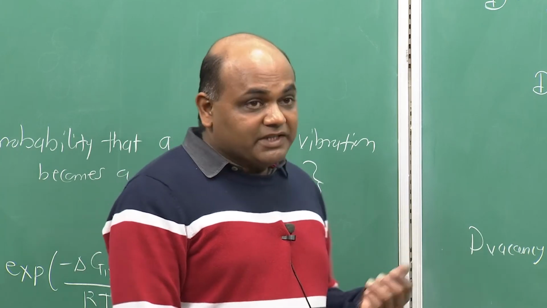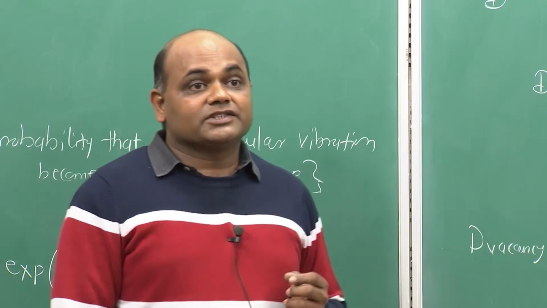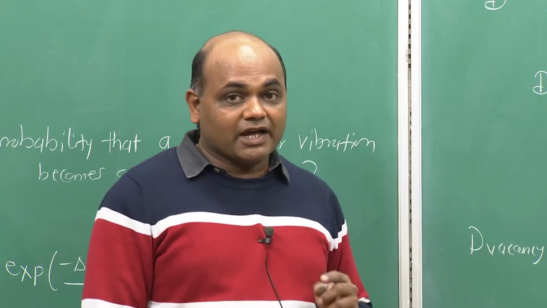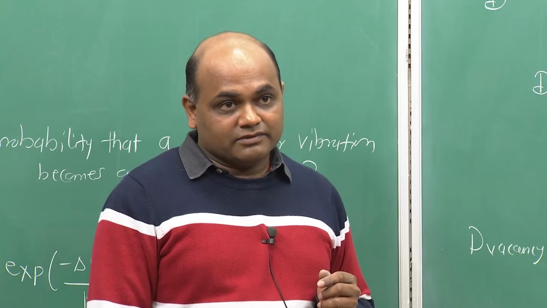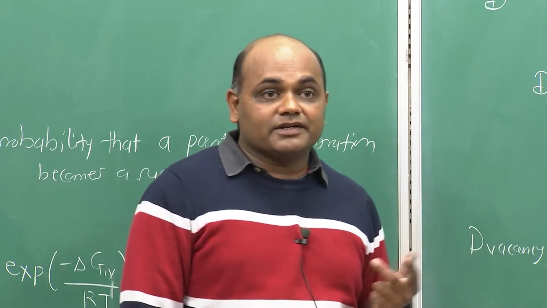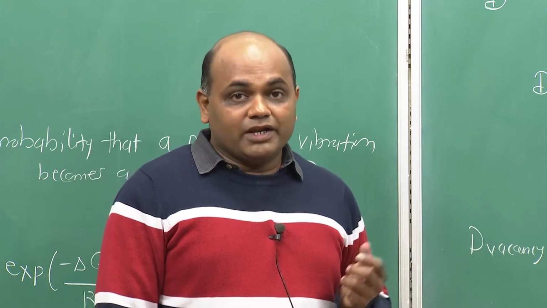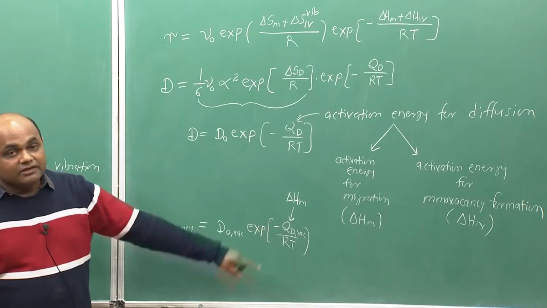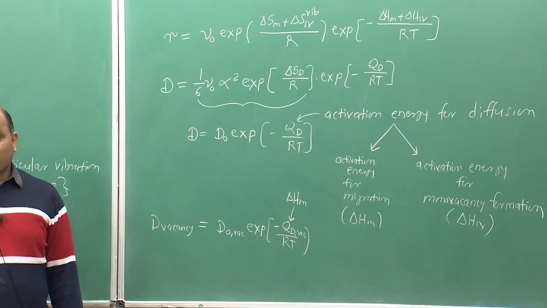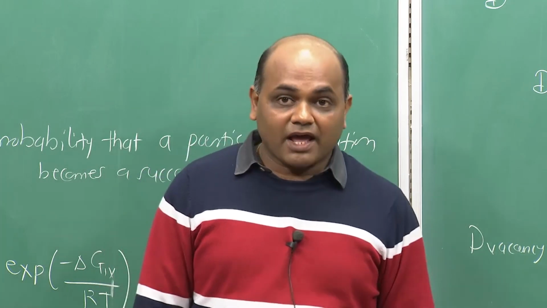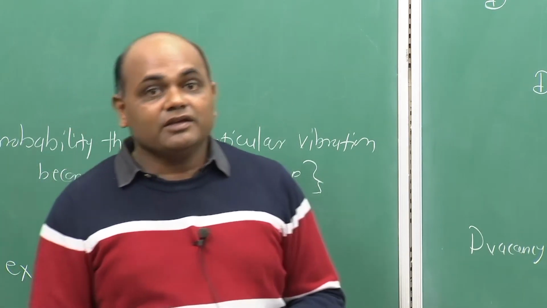So, that means at any given instant an interstitial atom will have all its nearest neighbor sites vacant. The probability that two nearest neighbor sites will be occupied by interstitial atoms is very low. And so, even for interstitial diffusion, the condition that the next site should be vacant is not required, because most of the time any nearest neighbor site will be vacant.